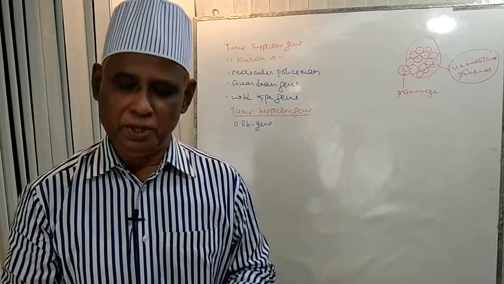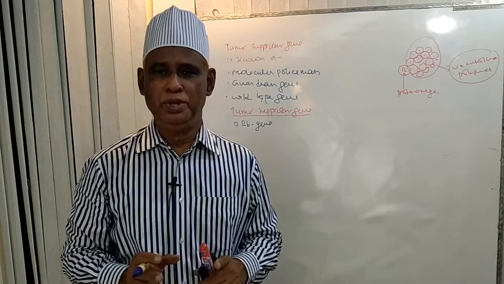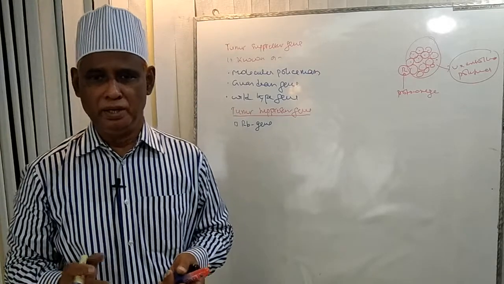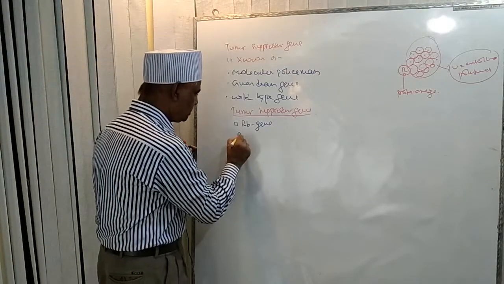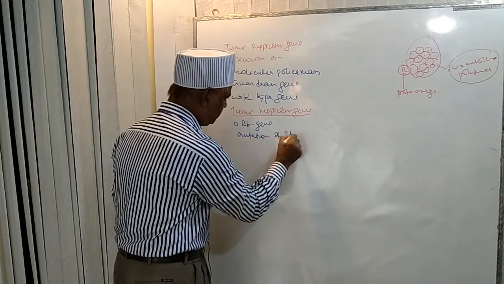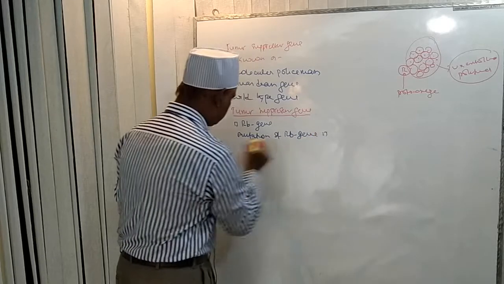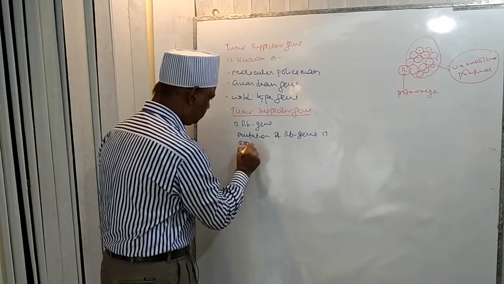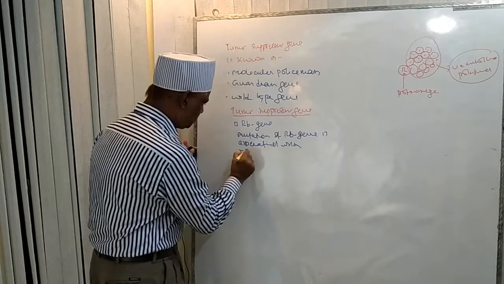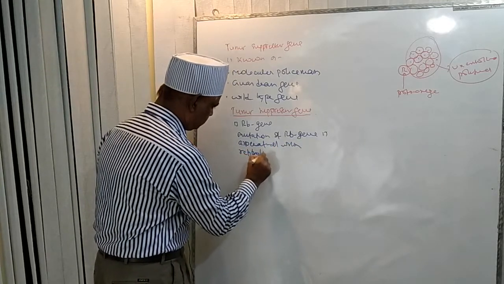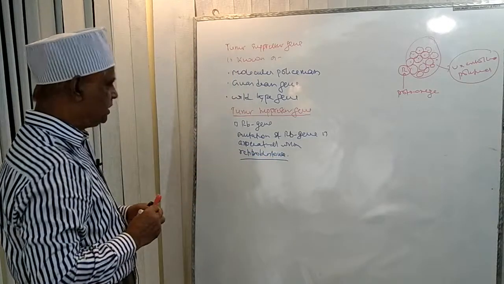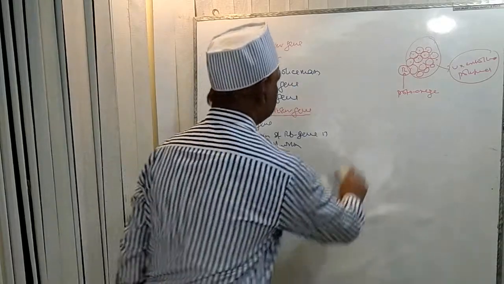Mutation of RB gene is associated with tumor retinoblastoma. It is a childhood malignant tumor.